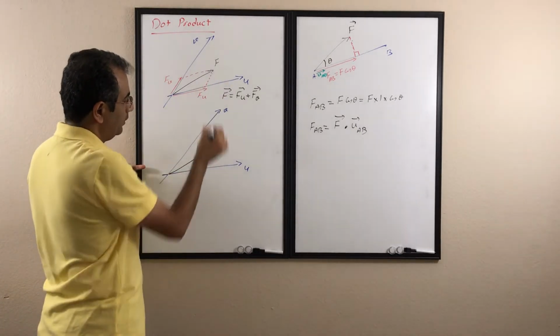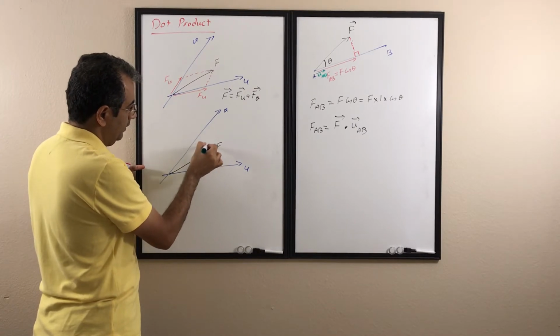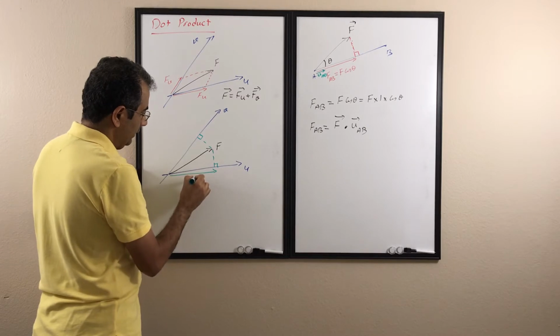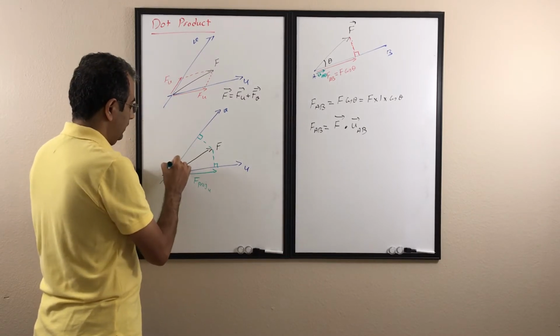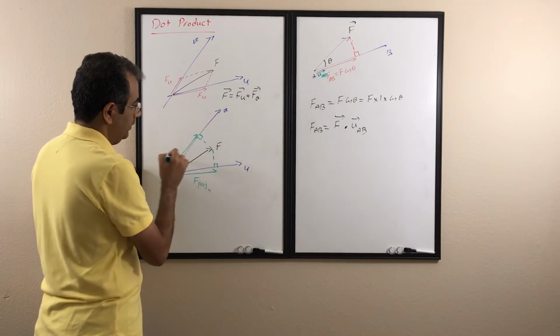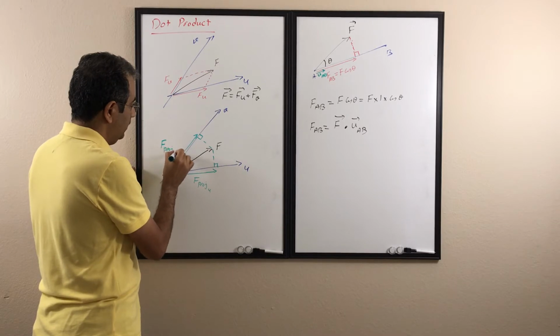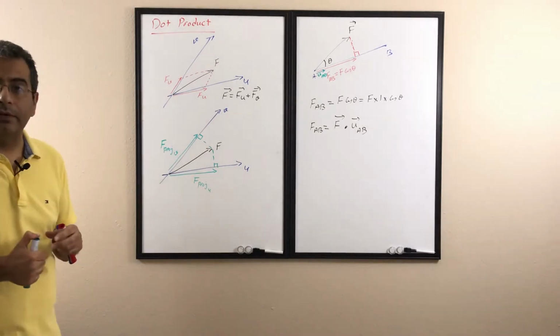So instead of going parallel, we draw a right angle line to each axis. And then we say, okay, this is F projected on U, and this is F projected on V. So if you look at them, they are quite different.